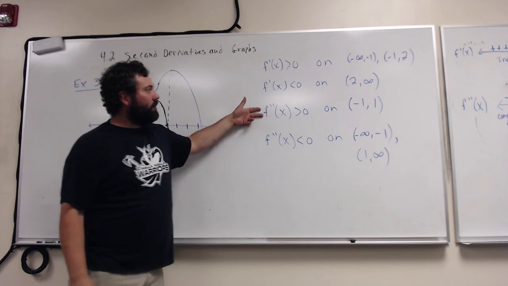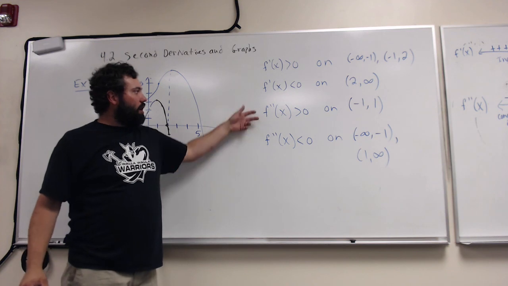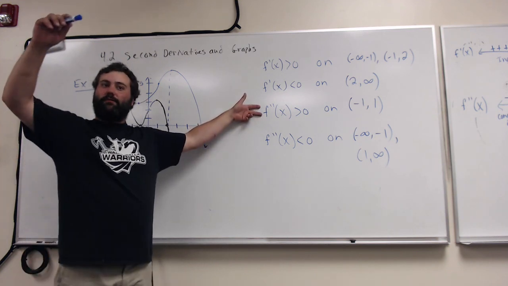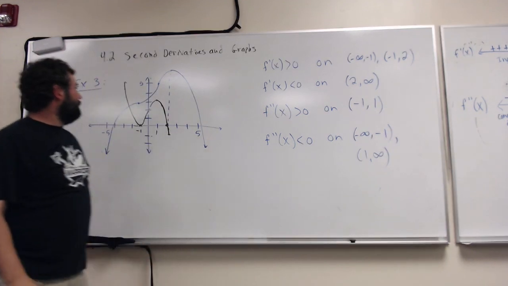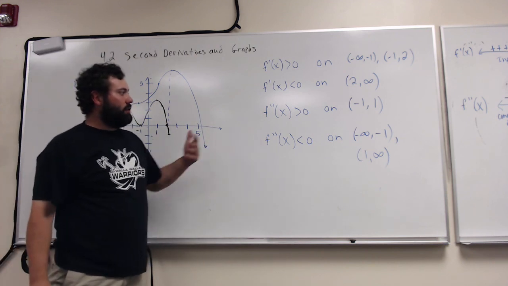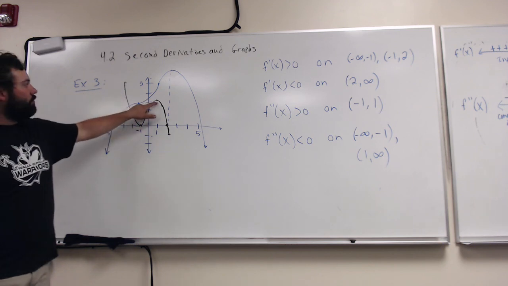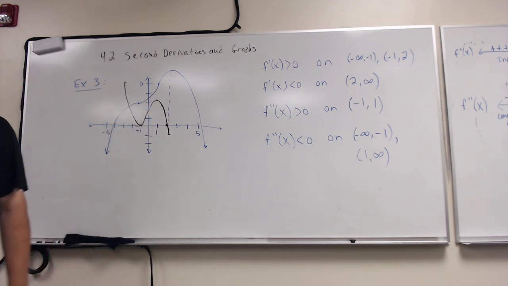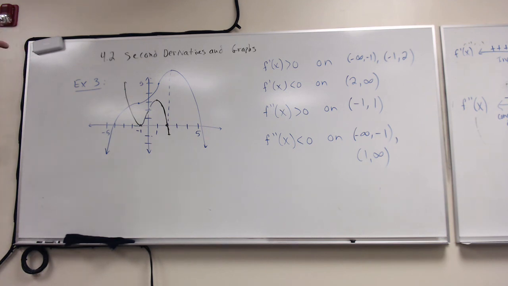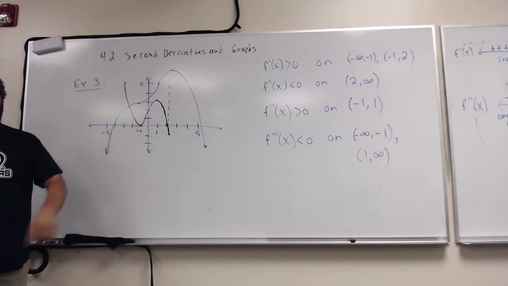The second derivative being positive is wherever the derivative is increasing, which was only between -1 and 1, and the second derivative being less than 0 is anywhere the derivative was going downward: negative infinity to -1, and then 1 to infinity. Then I converted that information to 2 sign charts, and you can draw any graph you want that agrees with the sign charts. Your graph can be shifted up or down anywhere you want, and it would still satisfy the sign charts.